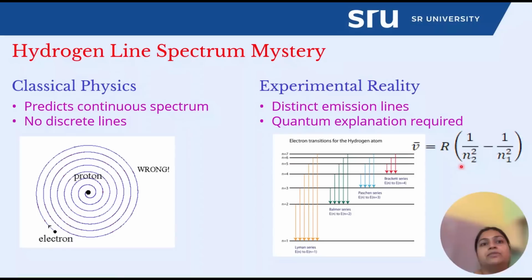So this formula accurately predicts the spectral lines of hydrogen, but at the time it had no theoretical basis. It was just a fit to the data.